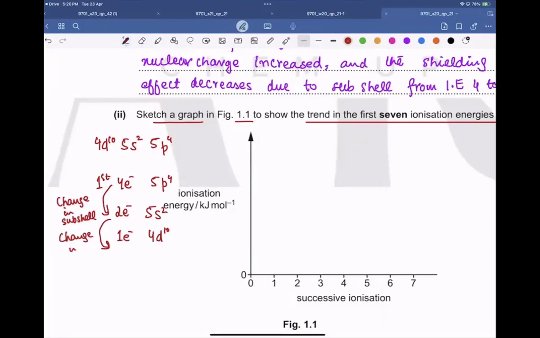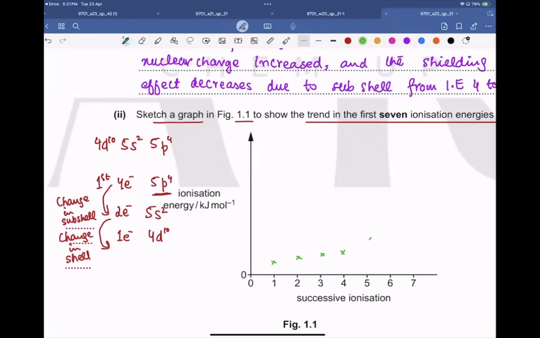So remember that the shell change is always much bigger, right? So what happens to the first 4 electrons' ionization energies? They increase gradually like this. After the 4th electron, the subshell is changed, right?